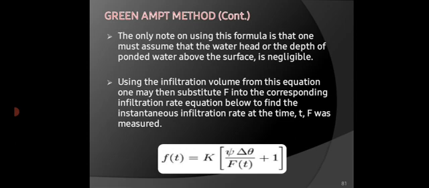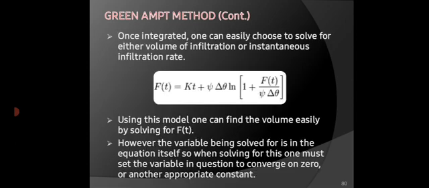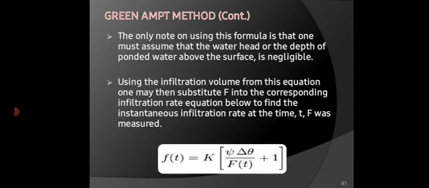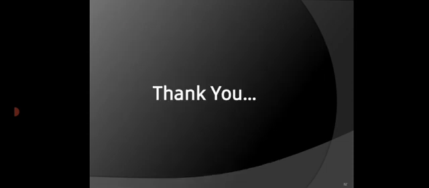F was measured, right? So this is the Green-Ampt equation. We have two equations, Green-Ampt first and this is the second equation. So these are the equations to find out infiltration rate or volume.